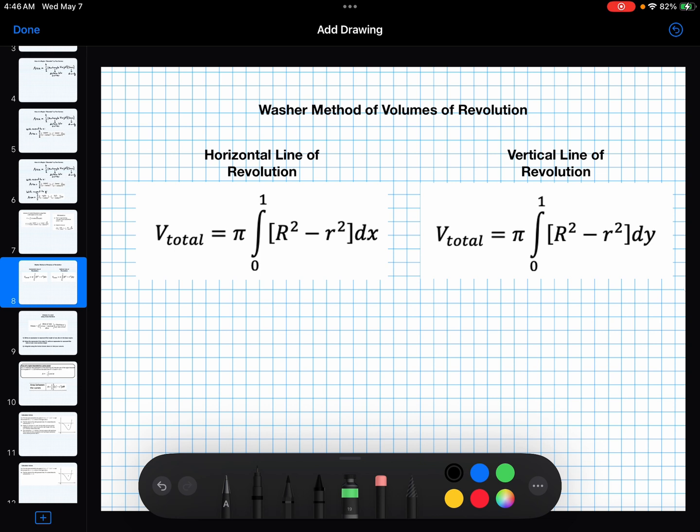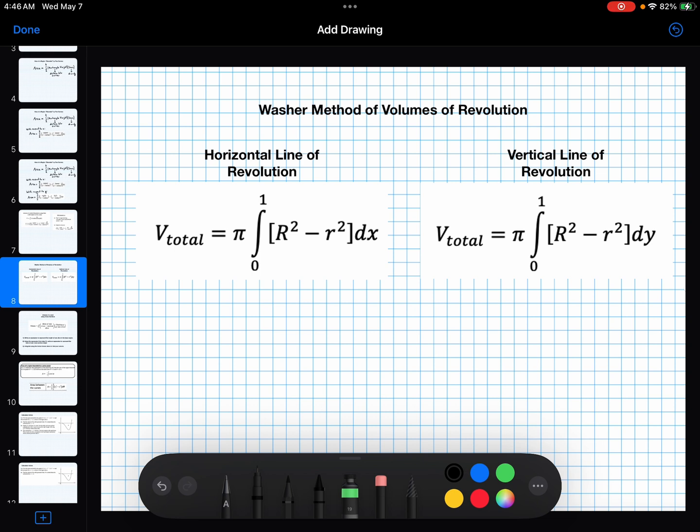But when you draw them here as a radius, you start always at the line of revolution, and big R will be from the line of revolution to the furthest boundary of your region from the line of revolution, and little r will be from the line of revolution to the closest boundary of your region. And then you do the upper y value minus lower y value to find the length, or if it's horizontal, x value on the right minus x value on the left.